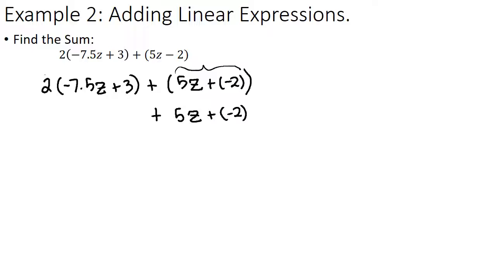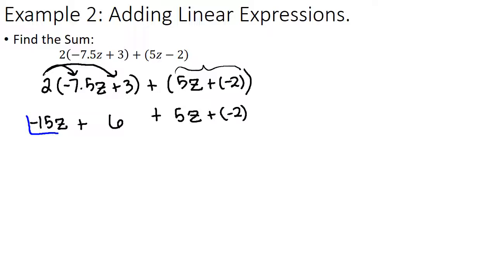Now this piece over here, I still have to do this distribution before I can say that whole thing is simplified all the way. So this 2 times negative 7.5z is going to give me negative 15z, plus 2 times 3 is going to give me 6. And now that is as simplified as it gets, and so I can drop out those outer parentheses.